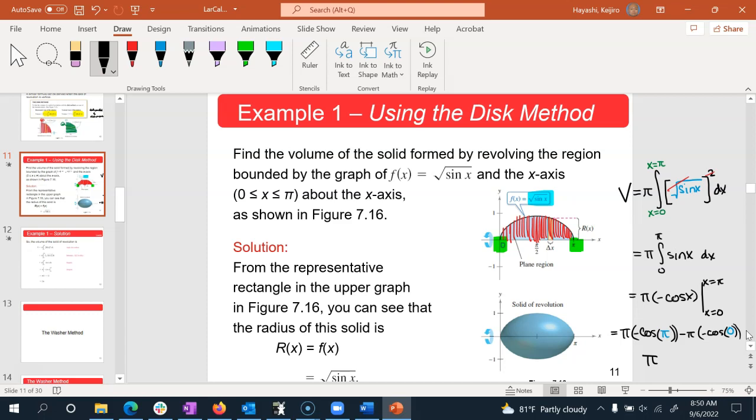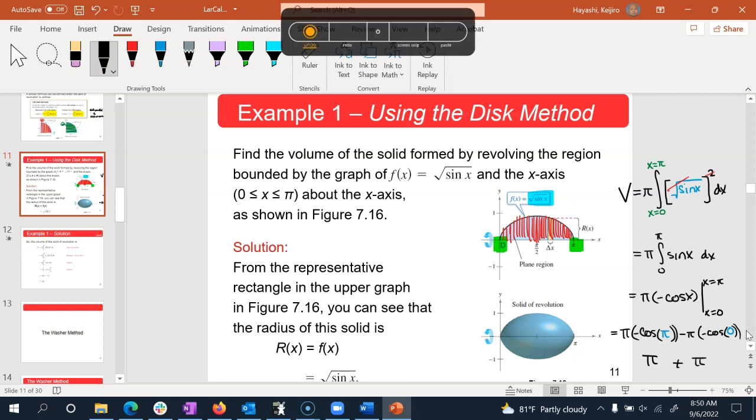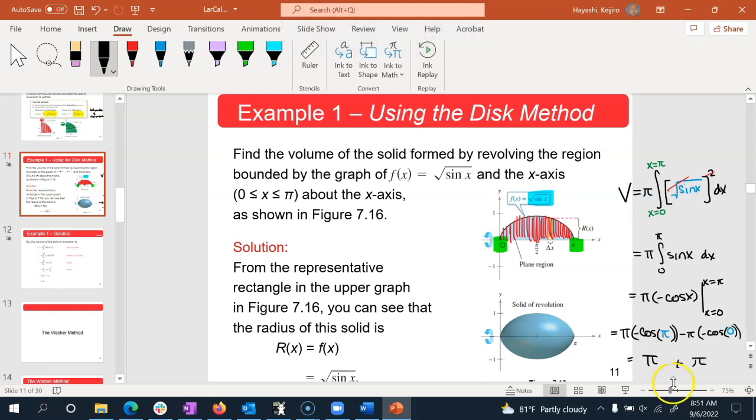Now the cosine of 0, angle 0 is over here. It's the positive x-axis. It's where you start. The cosine of that is positive 1. The negative of that will be negative 1 times pi. But then you're subtracting that, so it's positive 1 times pi. So this is just pi plus pi, or 2 pi.